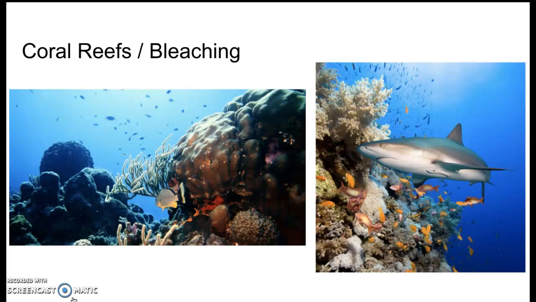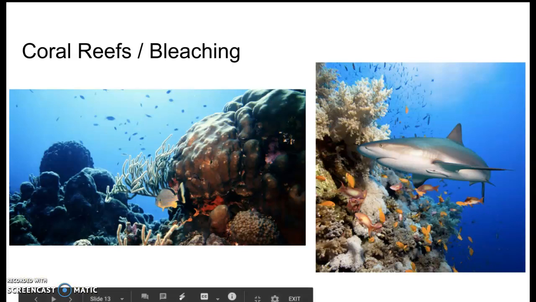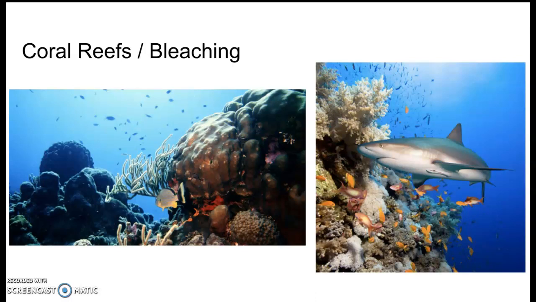Coral itself is in a mutualistic relationship with Zooxanthella. Zooxanthella is a plant-like organism that lives in the coral and gives the coral its color. It is similar to lichen, where there are two organisms that basically provide food and shelter.